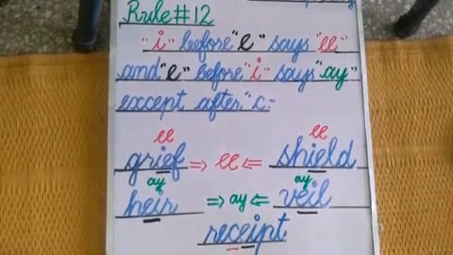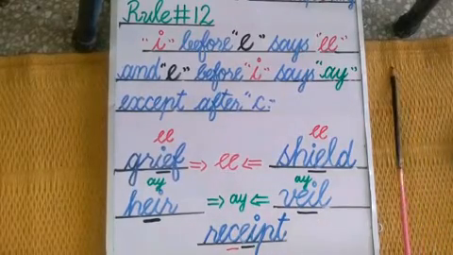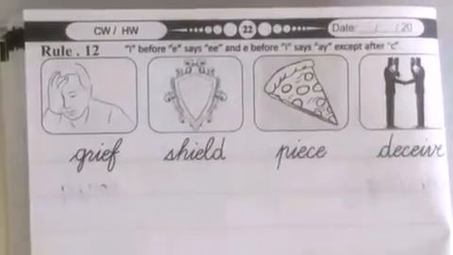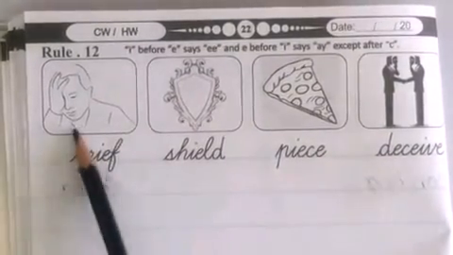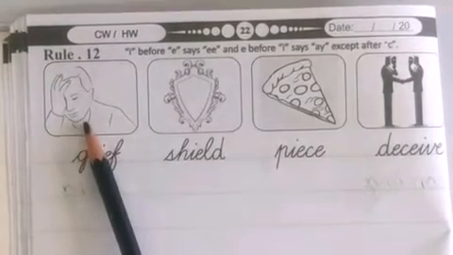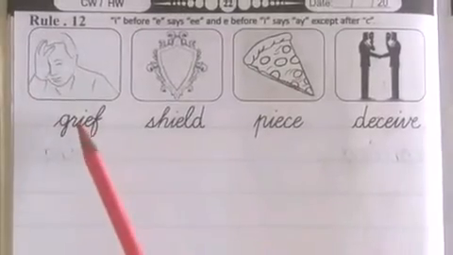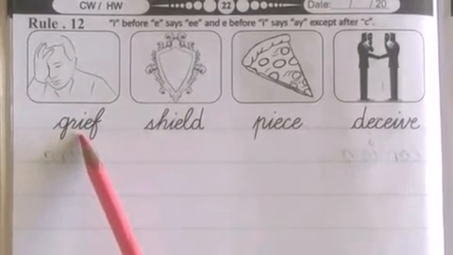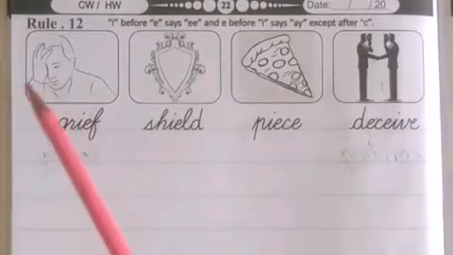Now let's discuss examples from the writing series and write them also. Okay, the first word is grief and its meaning is dukh, sorrow, as we can see in the picture also, and we can use it in a sentence like this: He showed great grief at his loss.